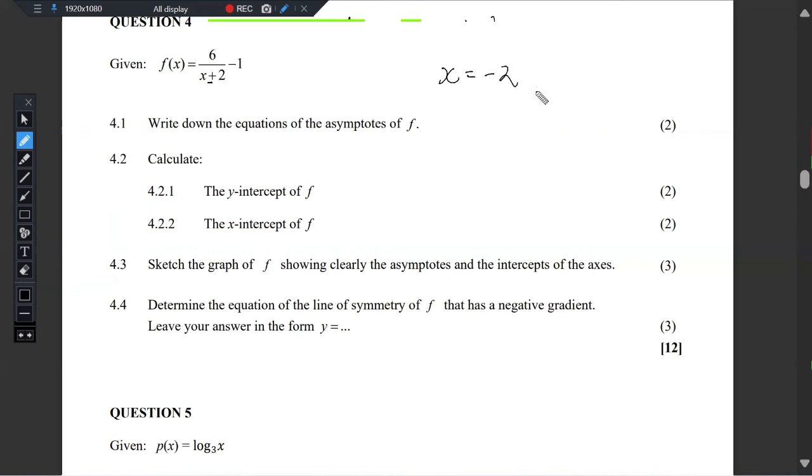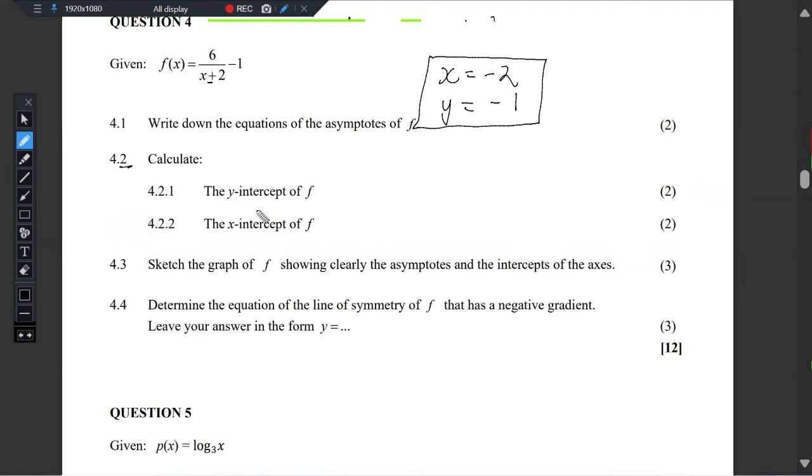If it's a minus, we write it as positive. The other equation is our horizontal asymptote. We take it as it is along with its sign. So it's y is equal to -1. Guys, you must always write it in the form of an equation. x is equal to -2 and y is equal to -1. Don't just write -2 and -1. You need to write them in terms of an equation.